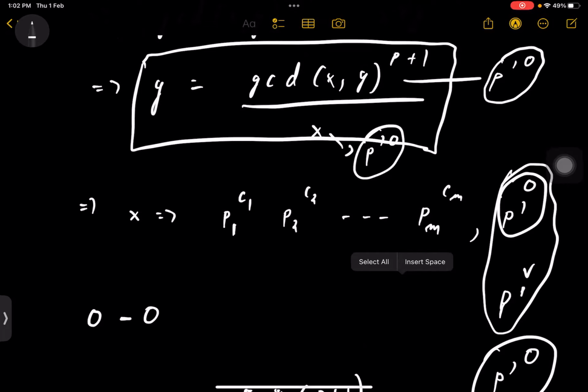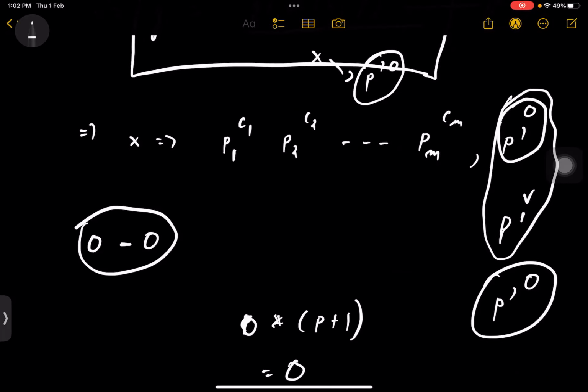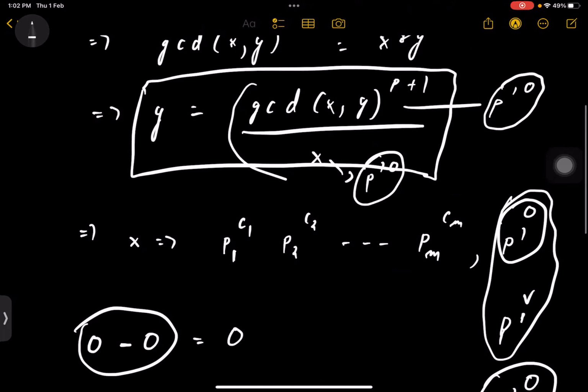When we subtract, the only unique value that we get is always 0. So for the RHS to satisfy, whatever prime is not present in x shouldn't be present in y also.